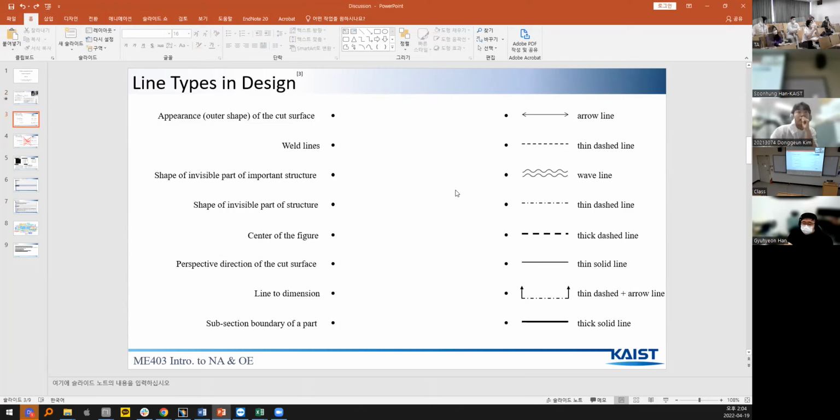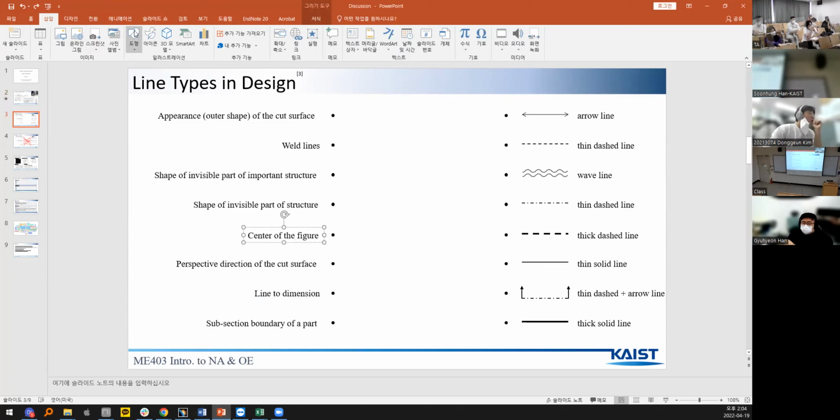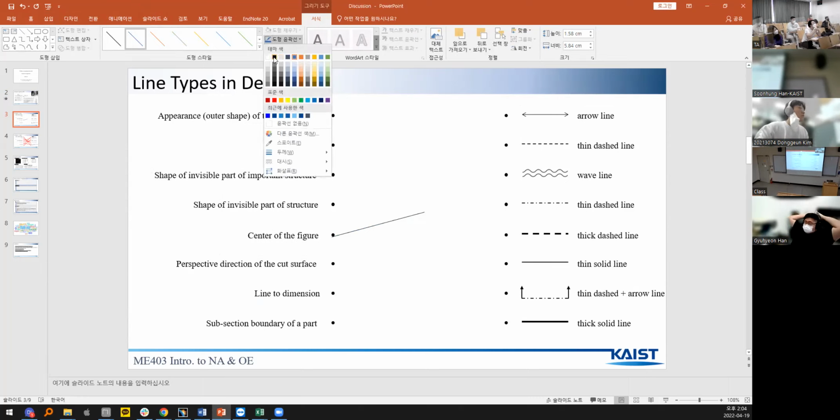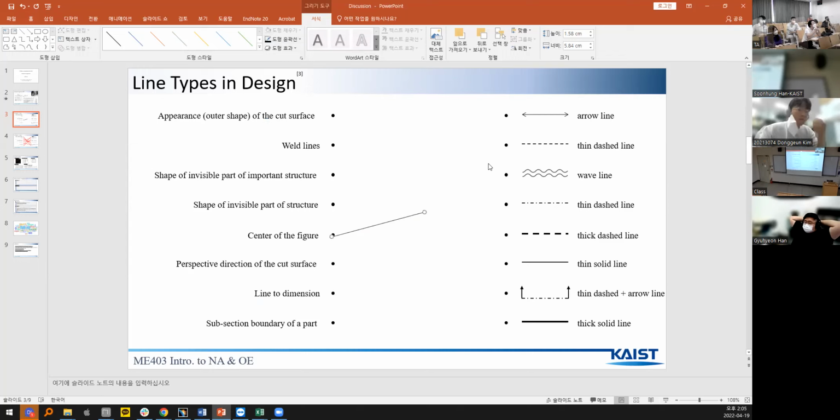I think the center of the figure might be the thin dashed line, because that is what usually appears in SolidWorks when we draw it. So maybe it could be the thin dashed line if it's consistent.